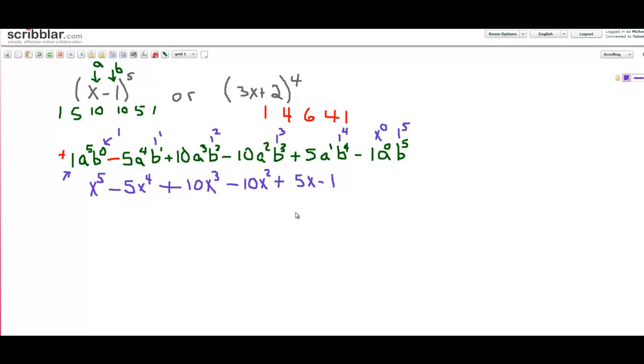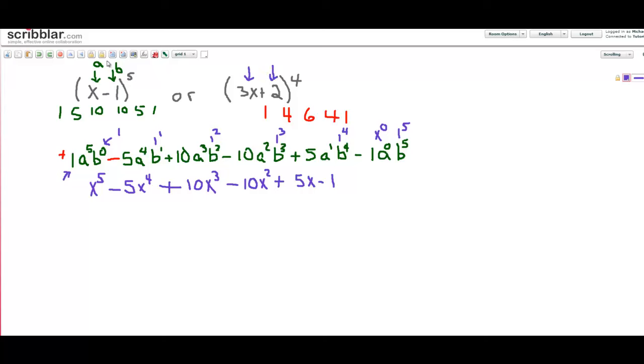And so that's how you can easily and quickly expand this using Pascal's triangle. And this is, I think, a much easier and simpler way to do it than the Binomial Theorem. But now let's take a look at this one here, where there's something extra in front of the x, something besides a 1.